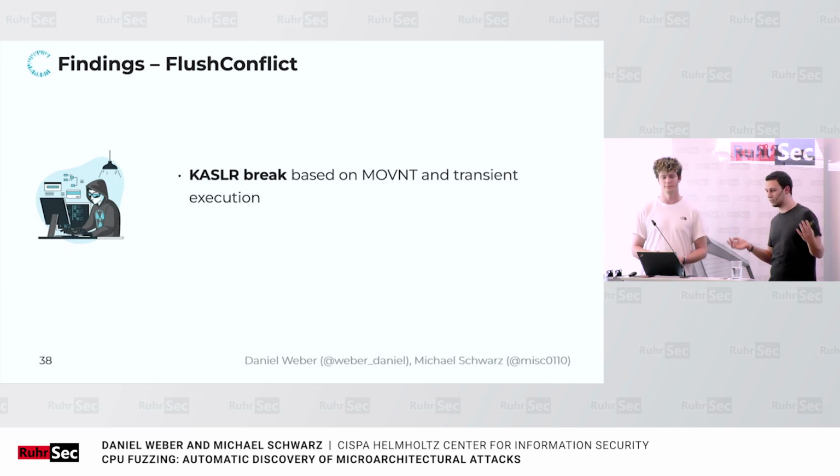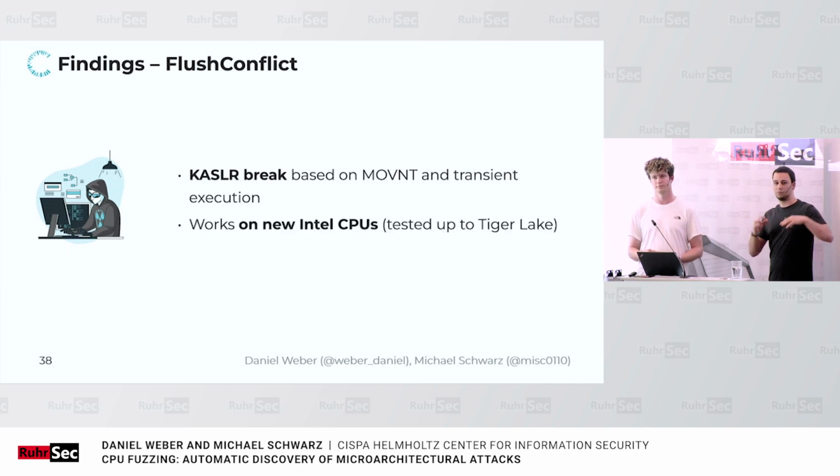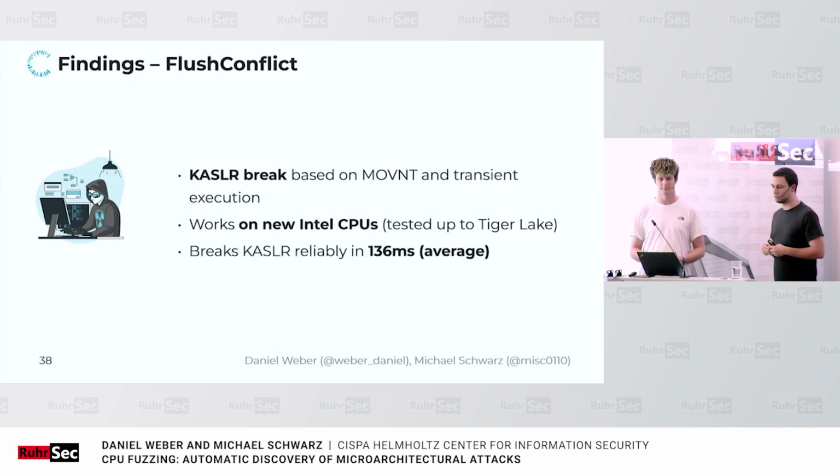We have seen a lot of KASLR breaks, but many of them get fixed over time. This one is a very cool one that even works up to the newest CPU generation that we have tested. It's also extremely reliable and fast. It takes just a few milliseconds to actually de-randomize the location. And you can give some more details on how it works, right?